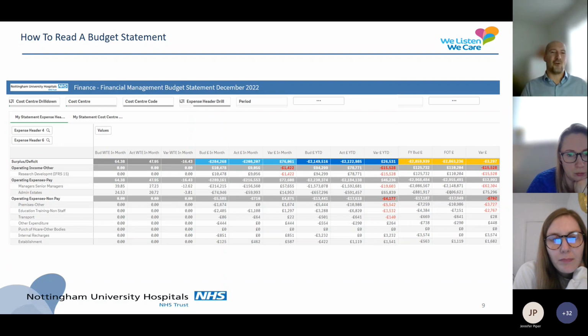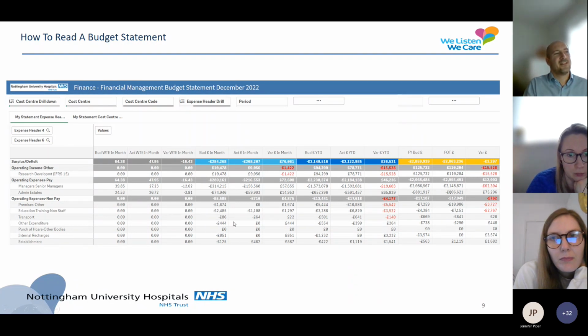An overspend, or more staff than budgeted, isn't always a bad thing. It just needs some further investigation. And equally, an underspend isn't always a good thing, because if it means you can't deliver on your services, that needs to be addressed as well.